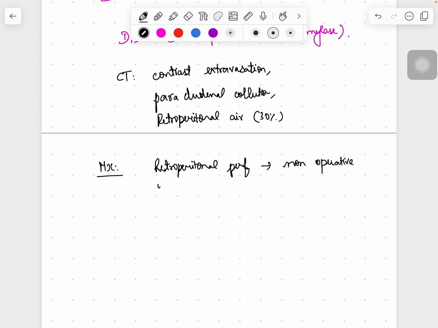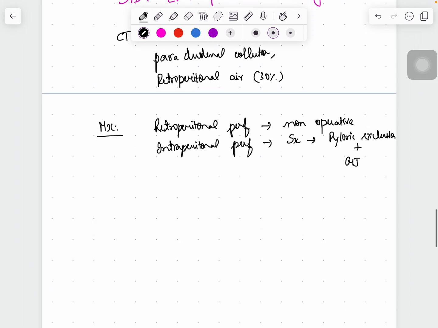If there is an intraperitoneal perforation, this has to be managed with surgery, where we do pyloric exclusion with gastrojejunostomy. And in cases where there are jejunal or ileal perforations, we manage the patient with what is known as resection and anastomosis.